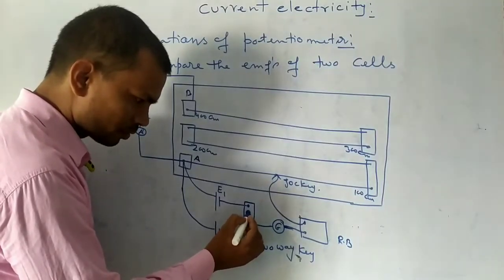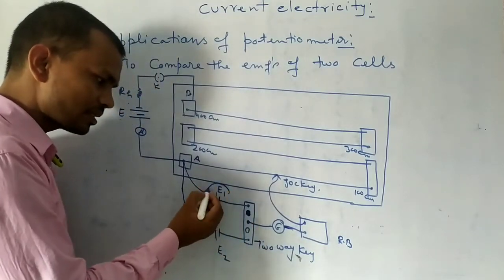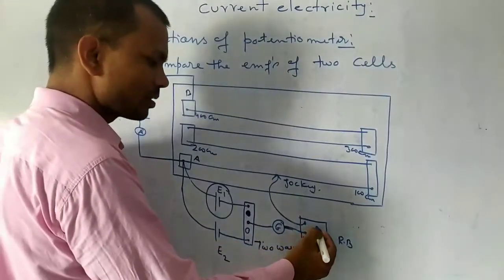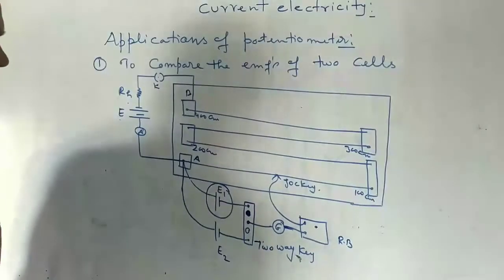When we close this, the E1 cell is introduced in the circuit, and then you have to take a suitable high resistance from this resistance box, right?